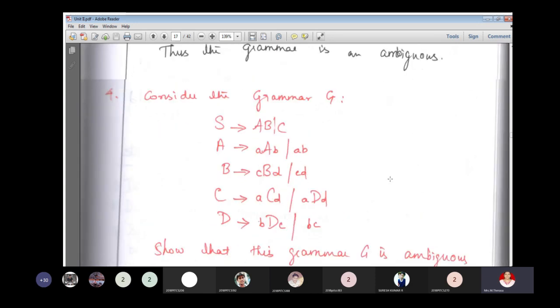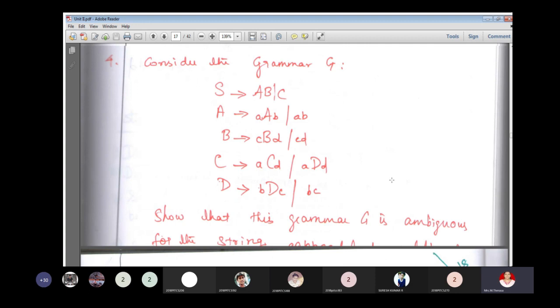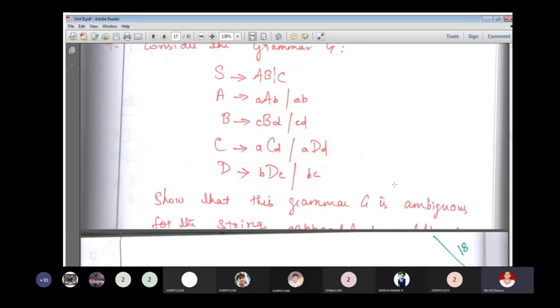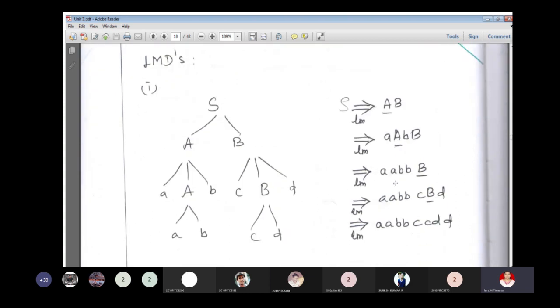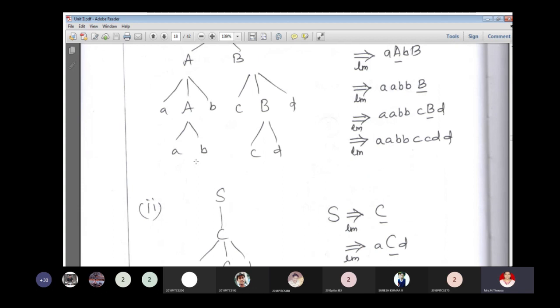Next, consider a grammar G. Show that this grammar is ambiguous, and also we are required to derive a given string. Okay, so for this string ABBCCDD, we can derive using leftmost derivation, and this is the corresponding parse tree.